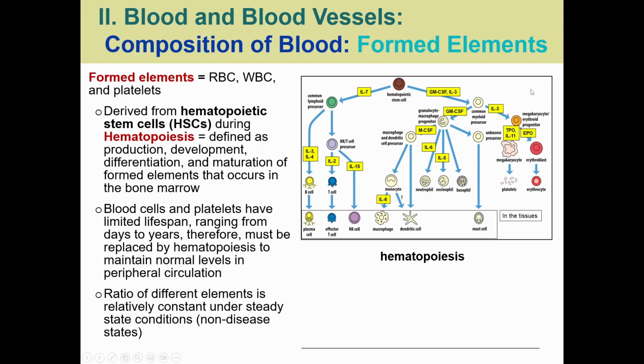So this is a good thing to look at, just to have an understanding of how we start with a single generic stem cell and how different signals are used to allow us to differentiate into all the different blood cells we have.